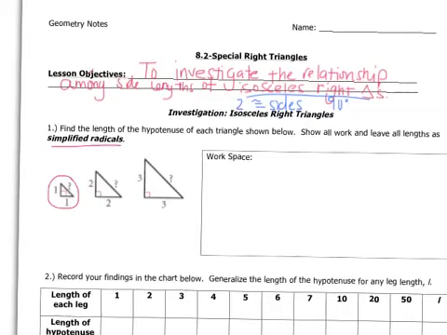Using the Pythagorean theorem, we can find the length of that hypotenuse. Think of those legs as A and B. We're looking for the value of C. So, in your workspace, we can take 1 squared plus 1 squared equals C squared.